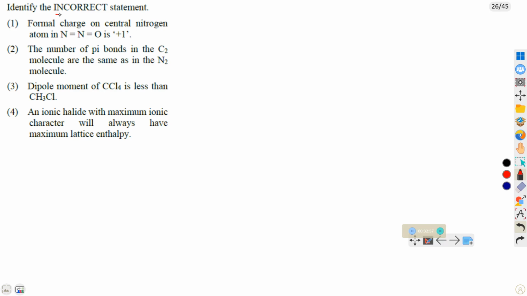Identify the incorrect statement. Formal charge of central nitrogen atom in N2O is +1. Correct. Formal charge is calculated as group number minus number of lone pair electrons minus 1 by 2 into number of bond pair electrons.